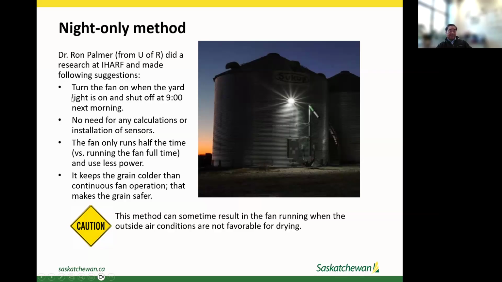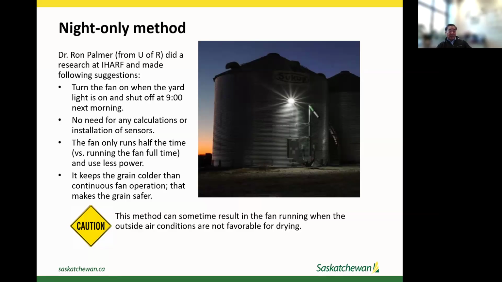This is the first method he felt was simple and easy. You don't have to do any calculation or install sensors, just follow this night-day cycle.